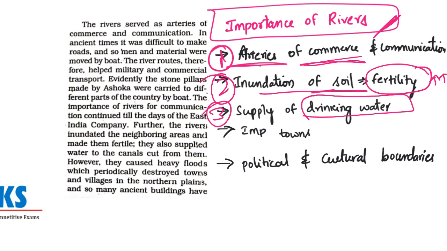The next important thing we can know through the rivers is that most of the important towns were present at river confluences. Example: Varanasi, Mathura, such important places. It is the same as today, where wherever there is proper communication or employment opportunity, there people will make their presence.